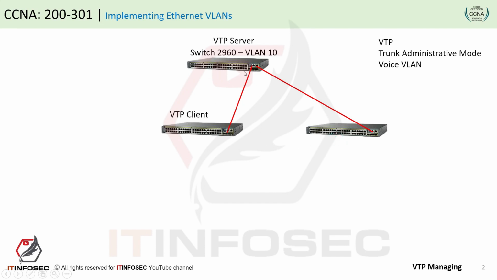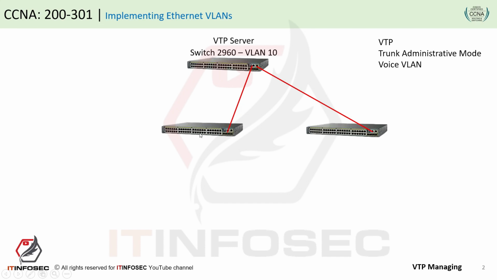In VTP configuration, the main switch that we should create VLANs on is configured as the VTP server. All new switches that you are unboxing and placing in the network are by default in VTP server mode.